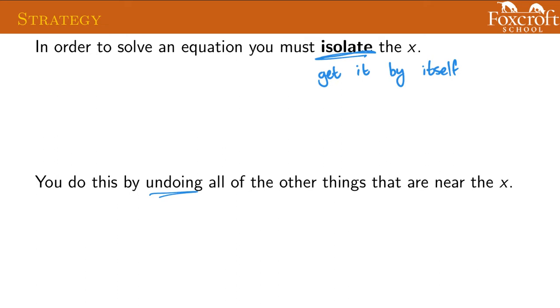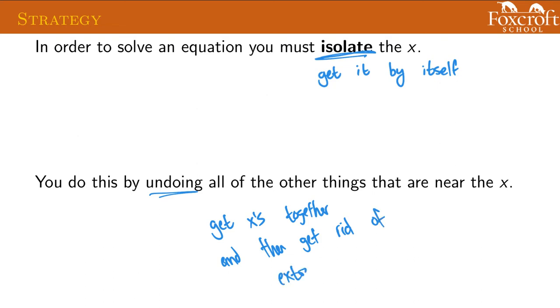Another way I like to think about it is you get the x's together, and then get rid of extra stuff. So we'll see what this means in the second example. But this is one of those things, it's just easier to see in the example than trying to figure out in words what we actually mean. But isolating is a big one. It's not solved unless the x is all by itself on one side.